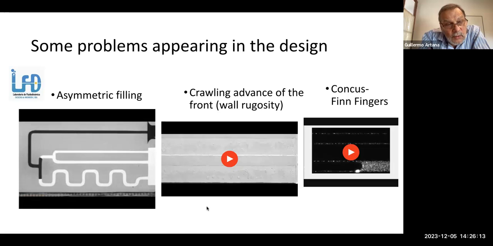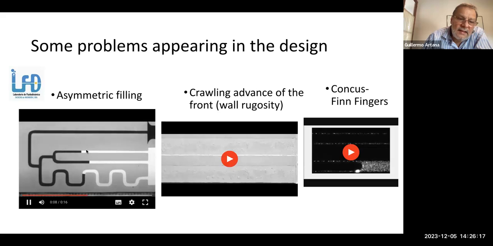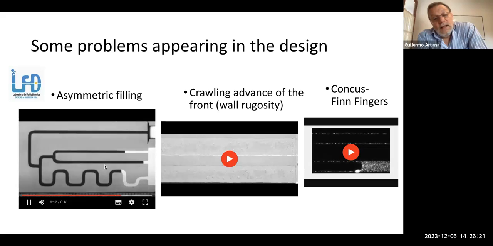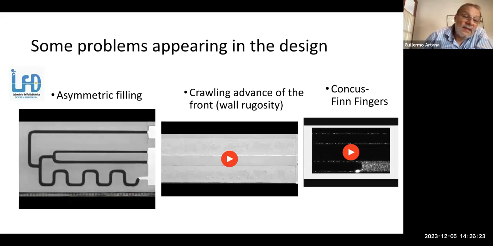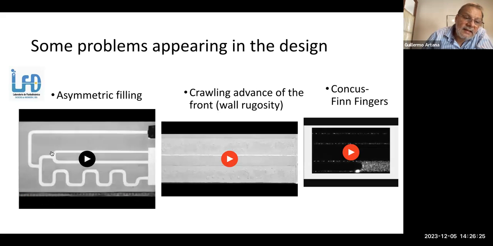You may go like this, and then you see that this branch is going a little bit slower than the other one, and this is produced exactly here. These were symmetric bifurcations, and however, you don't have this kind of symmetry.